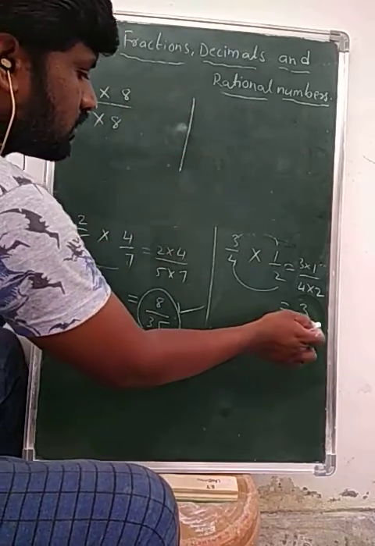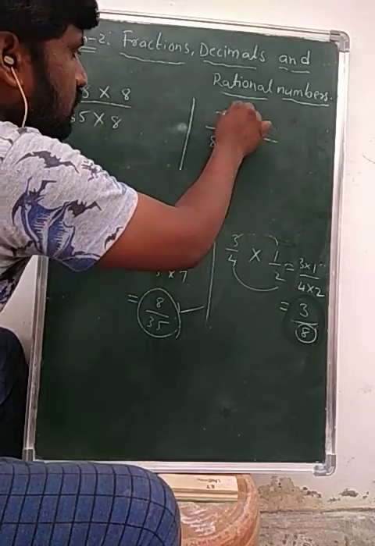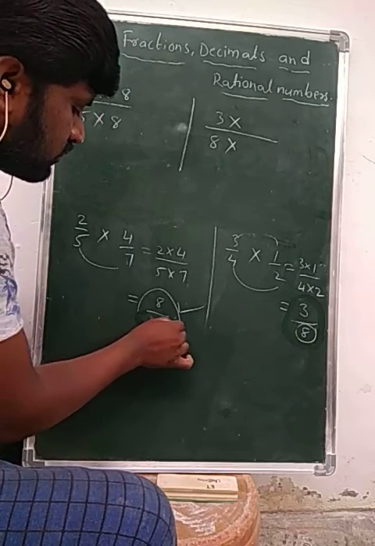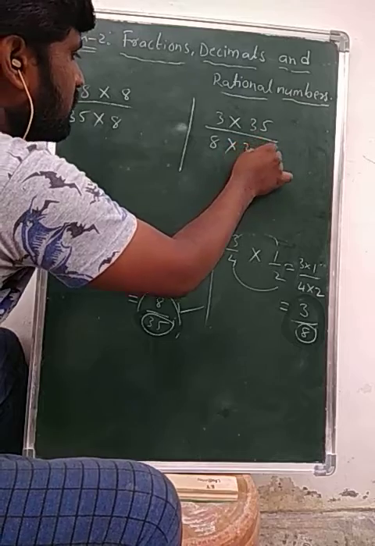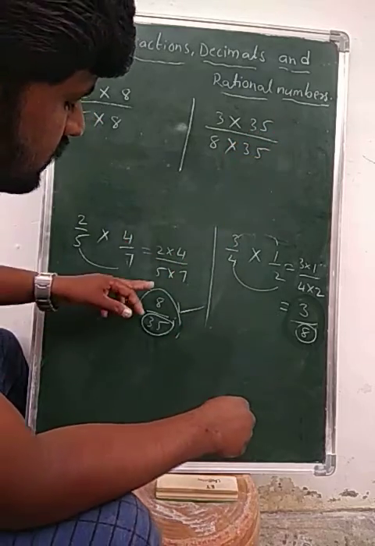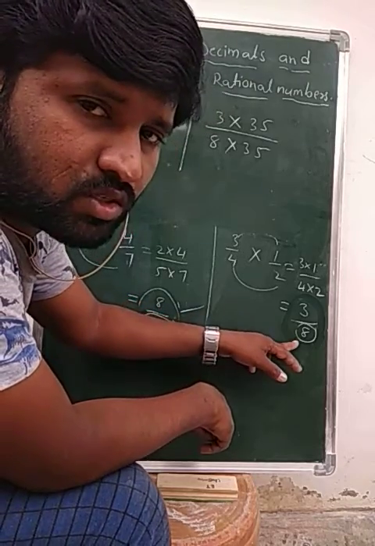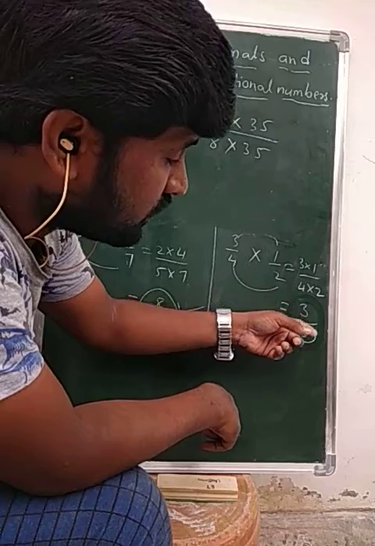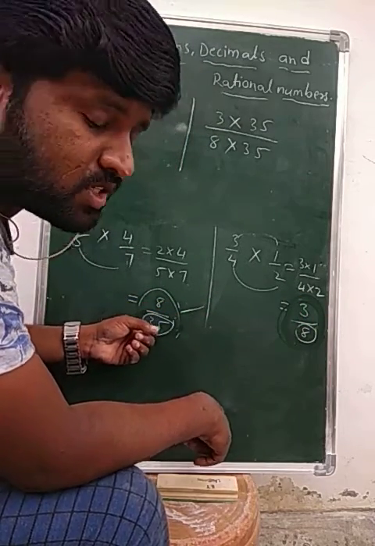In the same manner, I am taking the second fraction 3 by 8, and multiplying its numerator and denominator with the first fraction's denominator, that is 35 and 35.